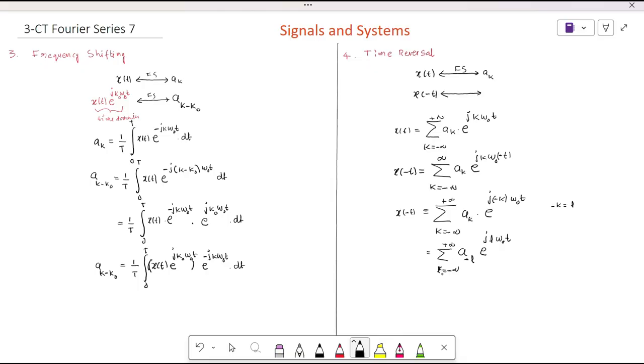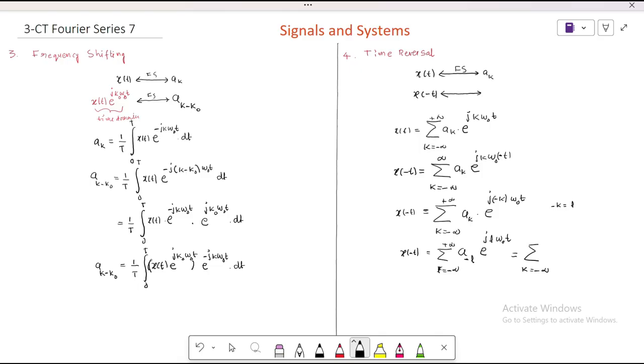So it is similar to the sum for x of minus t, e power j something omega naught into t, with L. So a of minus L is the Fourier series coefficient for x of minus t. Here the variable is L, but we can also take the variable as k. I am changing only the name.